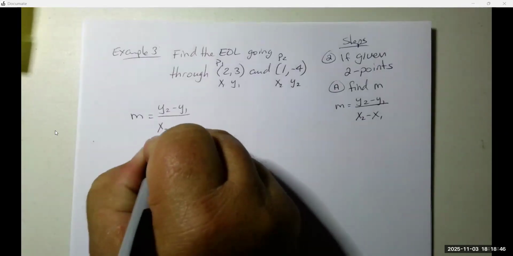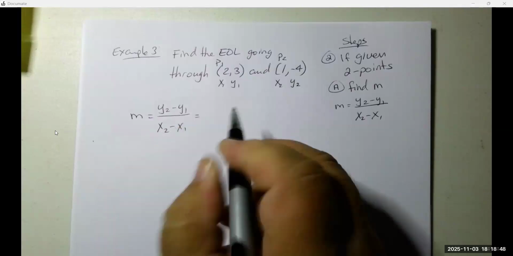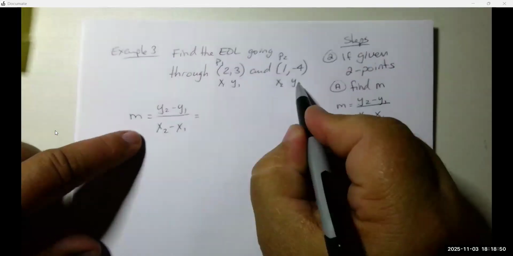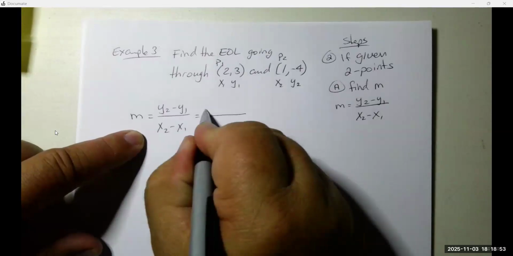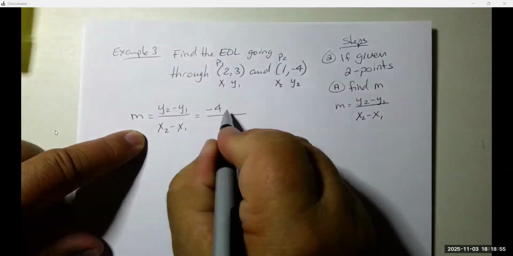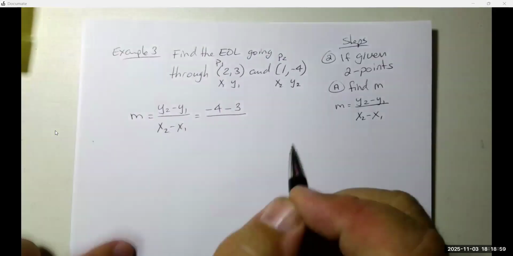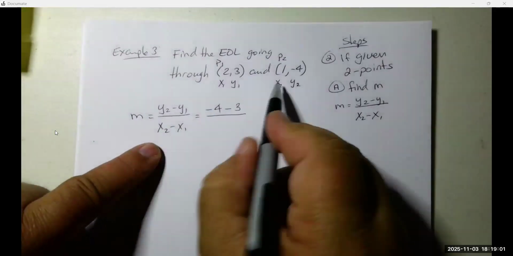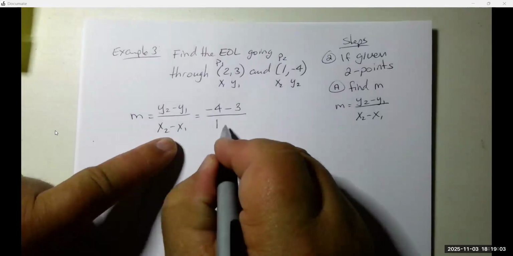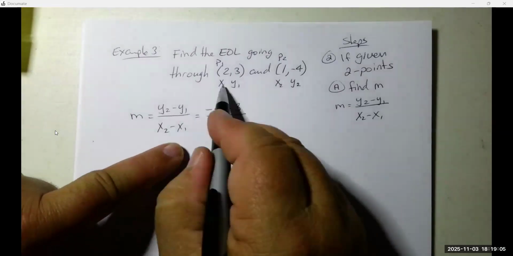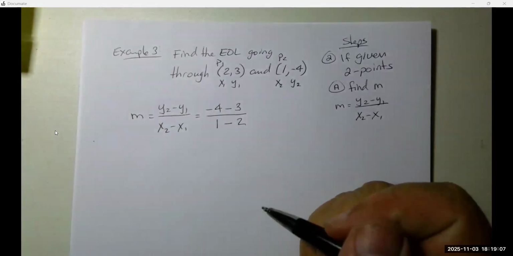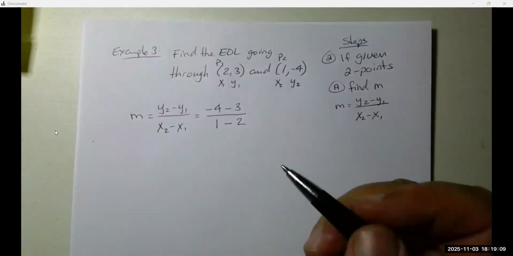So let's plug them in there. y2 is negative 4 minus y1 is 3, over x2 is 1 minus x1 is 2.